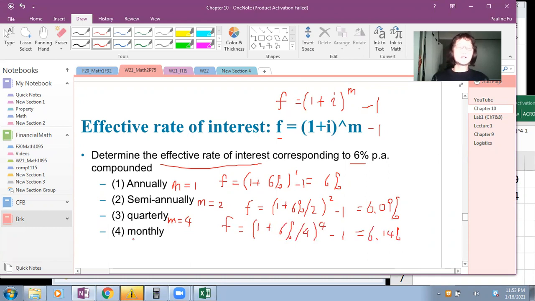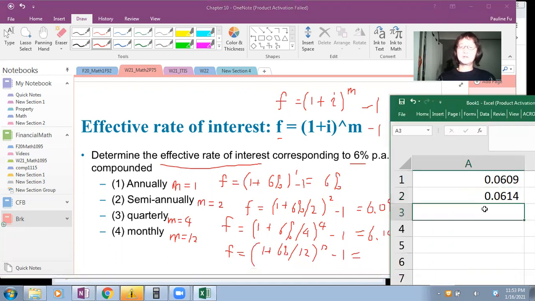Last situation, if interest is compounded monthly, means M equal to 12. So equivalent rate of interest F equal to 1 plus 6% divided by 12, and then raised to power 12, minus 1. Okay.